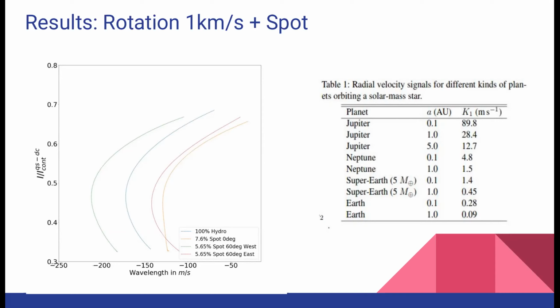You see that it increases to around 50 meters per second, the effect of the spot on the radial velocity. And for comparison, I have shown you here on the table how much planets of different masses will affect the radial velocity of a solar mass star. And as you can see, even small spots can have significant effects.